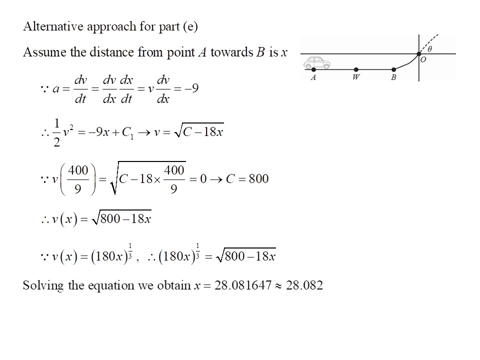Solving the equation (180s) to the power of 1/3 equals square root of 800 minus 18x, we obtained that x approximately equals 28.082. Hence, d sub WB equals 400 over 9 minus 28.082, which is approximately equal to 16.4 meters.